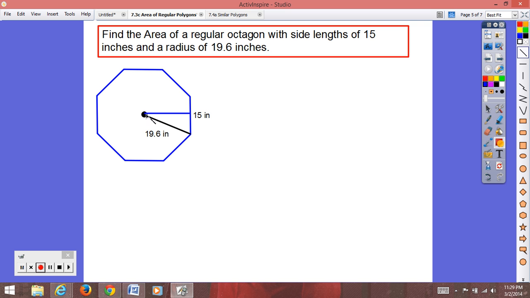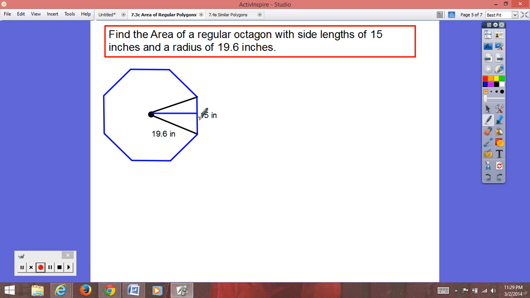So we have our apothem there, another radius here, and we can mark that this here is a right angle. Our apothem bisects this angle and also bisects this side of 15, and we know our radius is 19.6 inches.